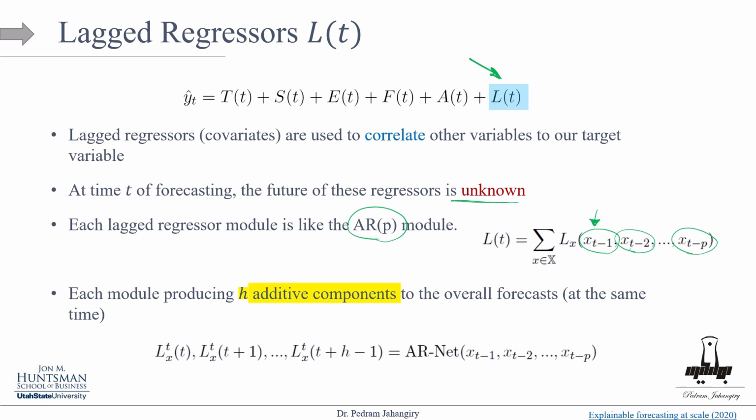So if your forecast horizon H is equal to 12, then for each step from 1 all the way to 12, we're going to get a separate number for this component, and we're going to add it to the other components to come up with a prediction for h equal to 1, h equal to 2, all the way to h equal to 12. And obviously, like the autoregressive part, we can simply add it in a neural network version as well. Okay, so this was the lagged regressor.